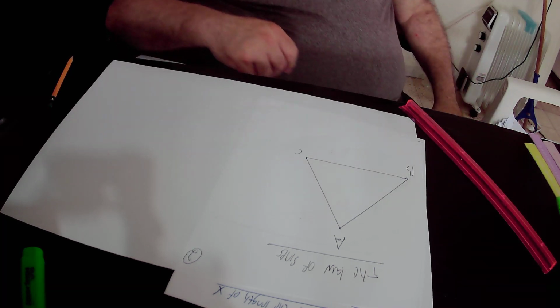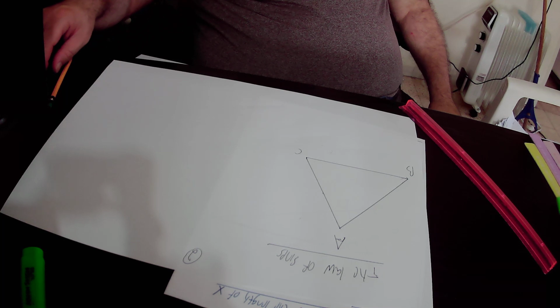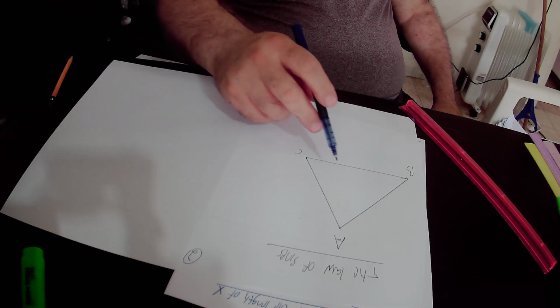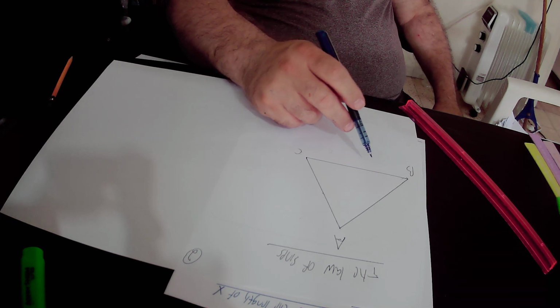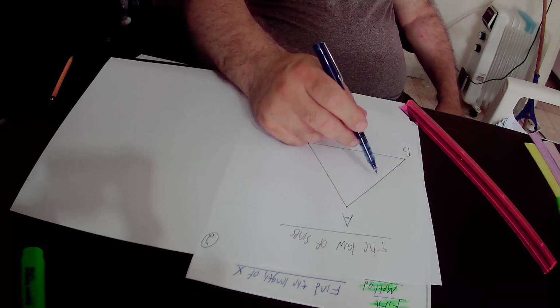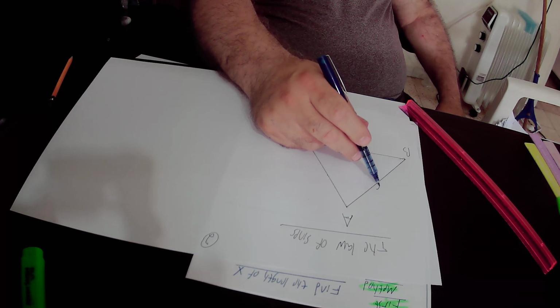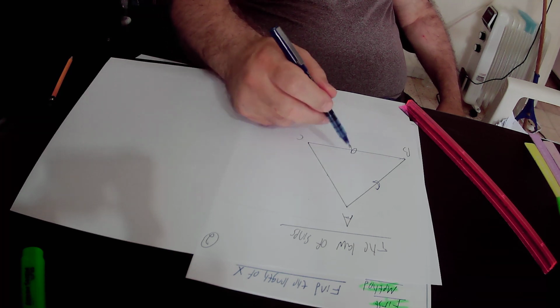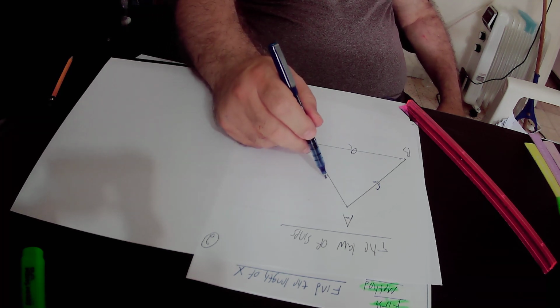And we know that side AB equals C units in its length, side BC equals A units in its length, and side AC equals B units in its length.